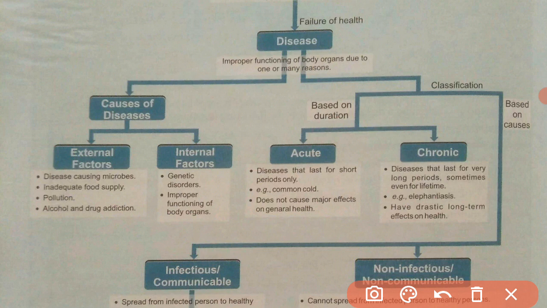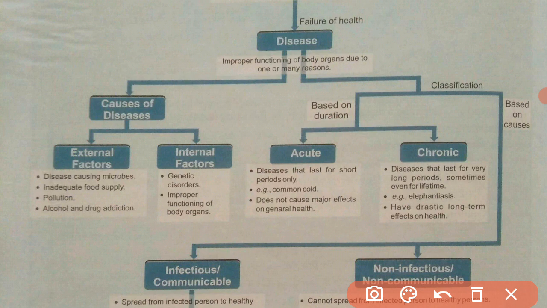Then we discussed the classification of disease, and based on duration there are two types of diseases, acute and chronic. Those diseases which last for a short period of time are called acute diseases, like common cold, typhoid, malaria, etc., and they do not cause major effects on general health.